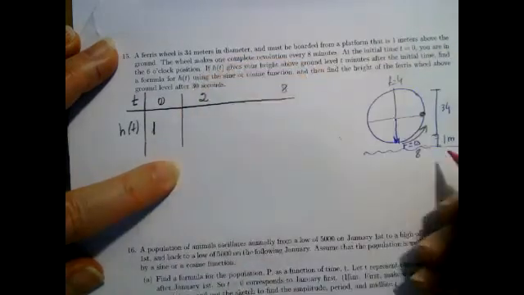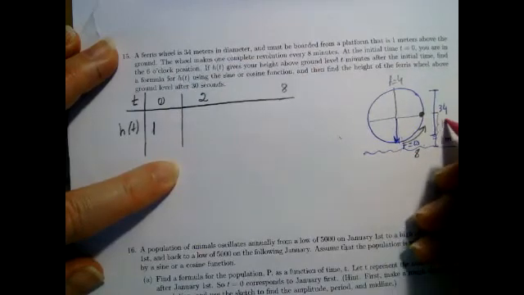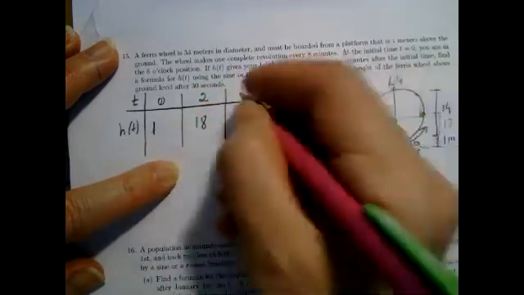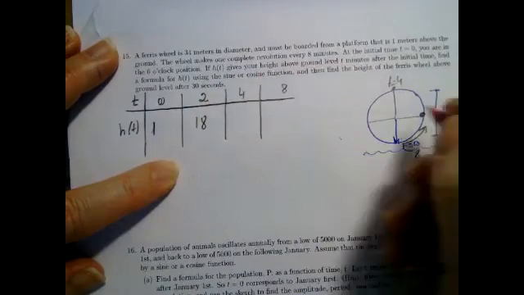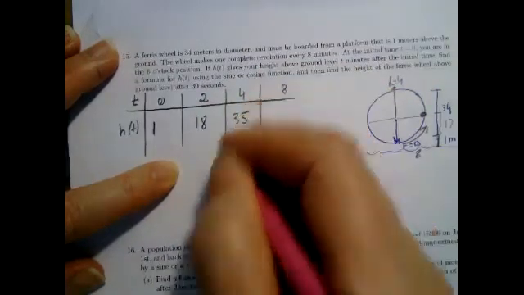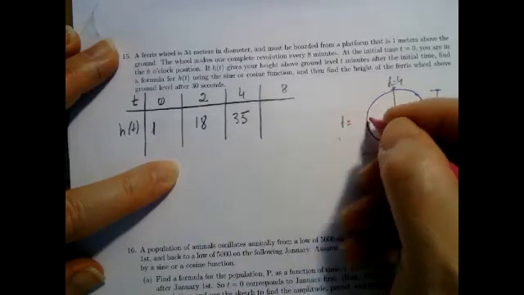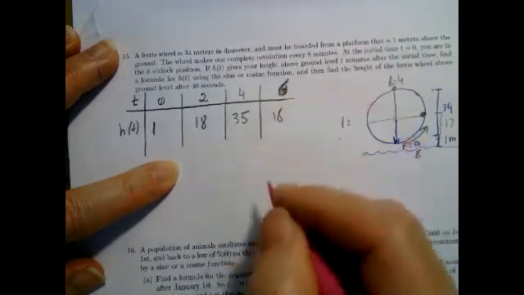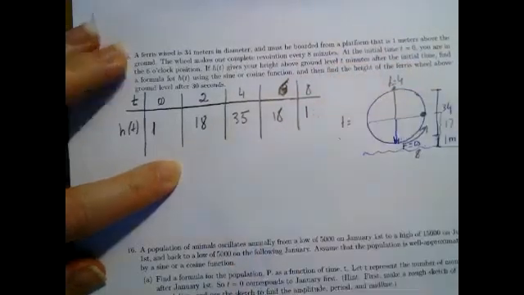At t equal to 2, I am 1 plus 17, I am at 18. At t equal to 4, I am at 1 plus 34, I am at 35. Now at t equal to 6, I am back to 18. And t equal to 8, I am back to 1.